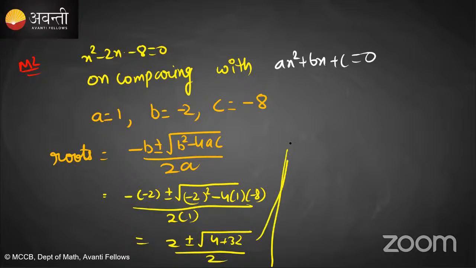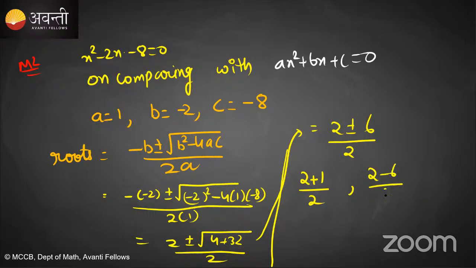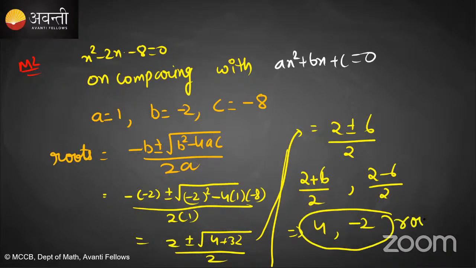Now further it is nothing but 2 plus minus root 36 is 6, by 2. So now first take the plus sign. With plus sign you are getting 2 plus 6 by 2, and with negative sign you are getting 2 minus 6 by 2. So hence the roots are 4 and minus 2.